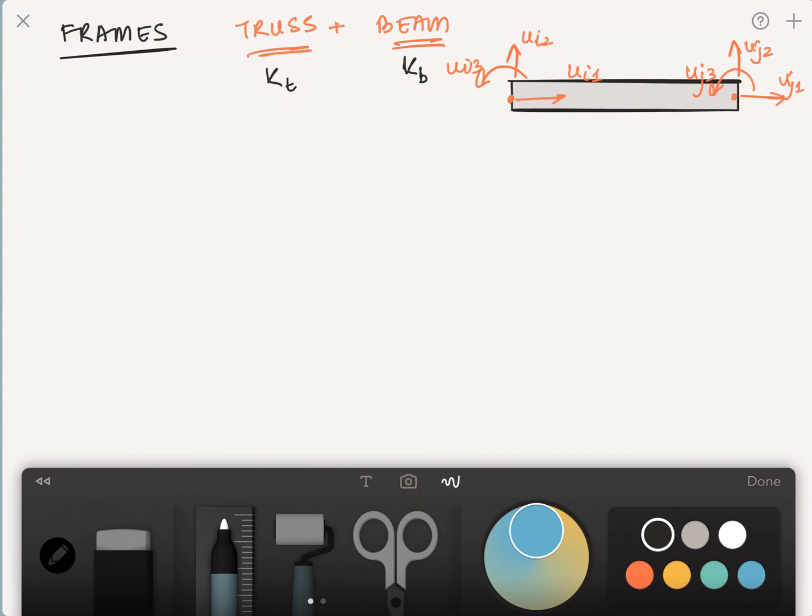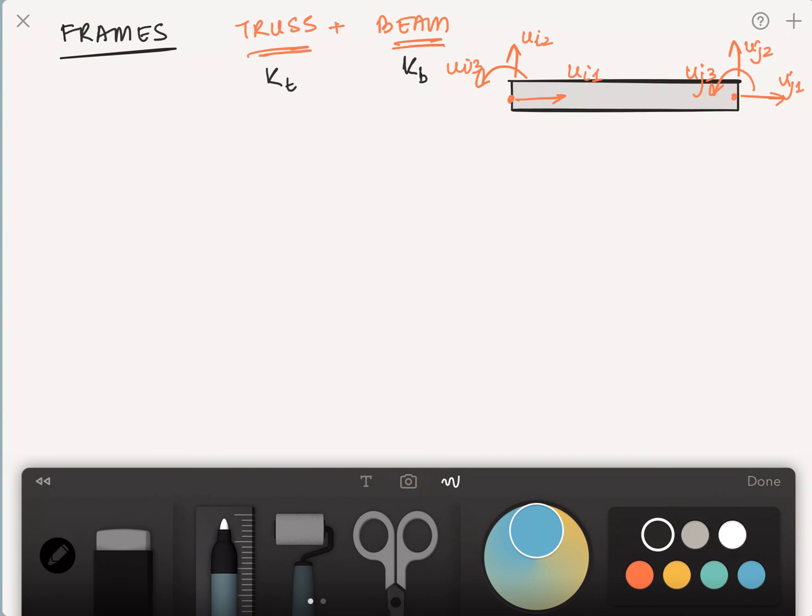And in the global system, the UI1 was the only one which was filled in if the element was oriented in space in this direction, as shown in the figure over here. However, in this case, instead of a total of 4 degrees of freedom, there are 6 degrees of freedom. So just as I showed you how to write down the truss element stiffness matrix from a single degree of freedom to a 2 degree of freedom system, we can also expand it to a 3 degree of freedom system at every node.